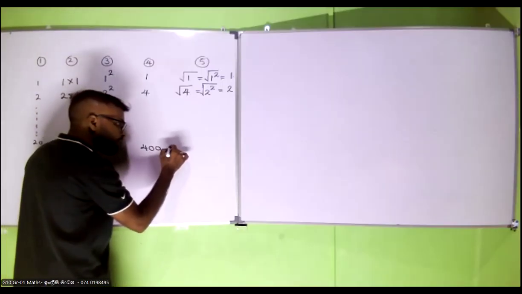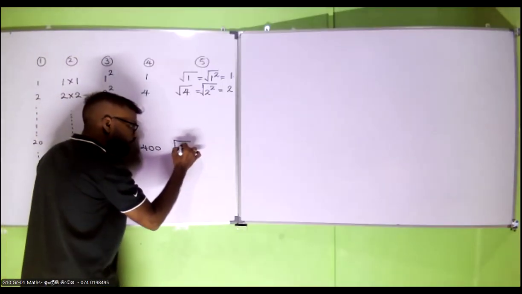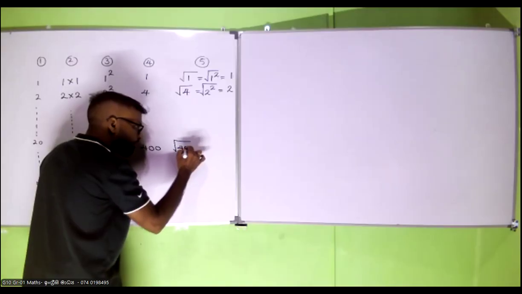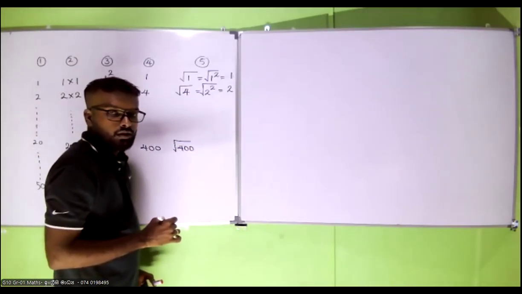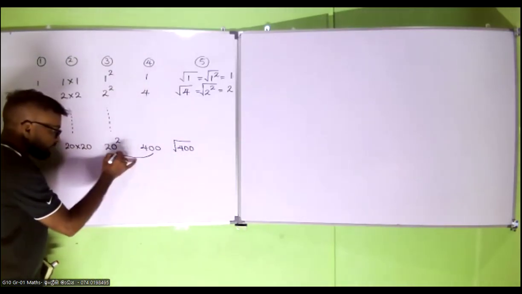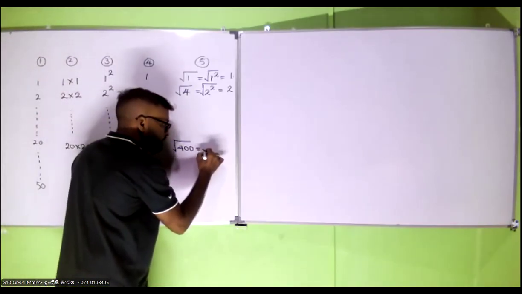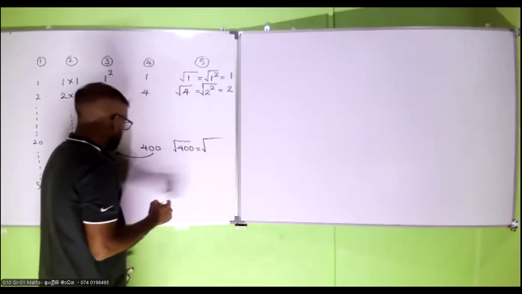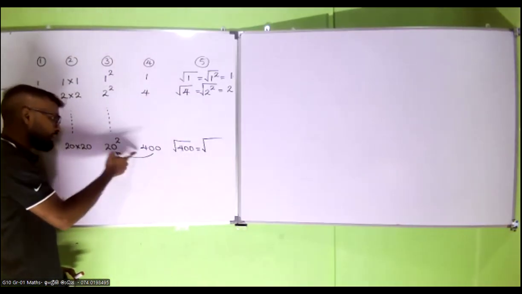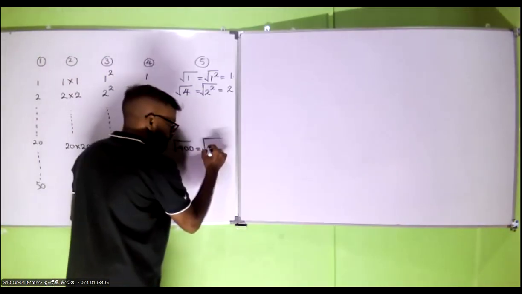So you are going to obtain the square root of 400. And by looking back, you can write this 400 in a different way. The square root of 400 can be written down as the square root of 20 to the power 2.